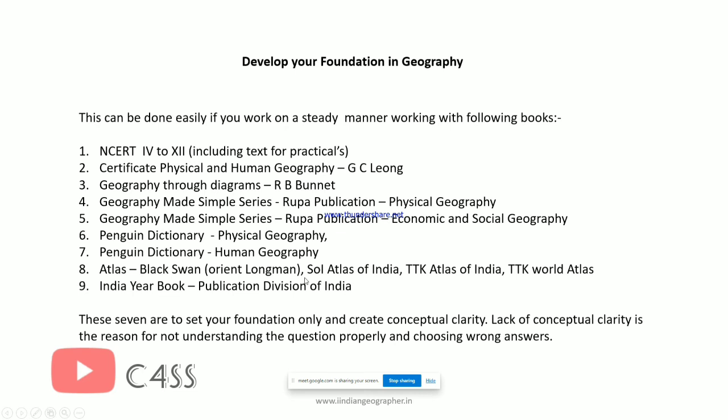Be it the NDA, the National Defense Academy examination, the Combined Defense Services examination, SSC, or PSC examinations, even civil services examinations, you'll find 30% of the topics overlap with geography, because geography students study most of the things required. And geography students don't appear for these examinations at all. They normally appear for lower than graduate level examinations. That is the trend I have seen. Maybe you can now try the graduate level examinations, right?